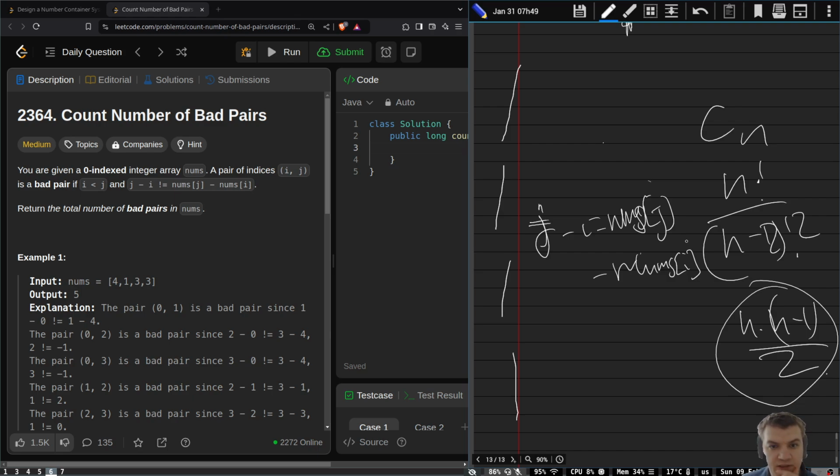So how to do that? How to do that with whatever I have right now? So we have, like, 4, 1, 3, 3.